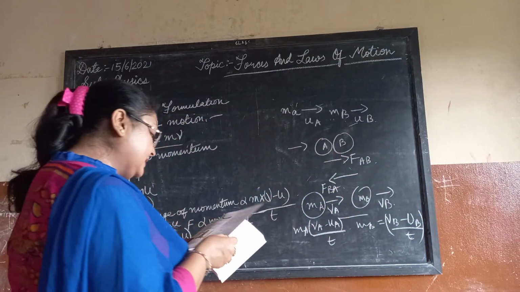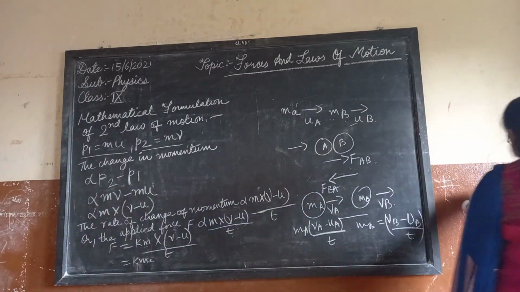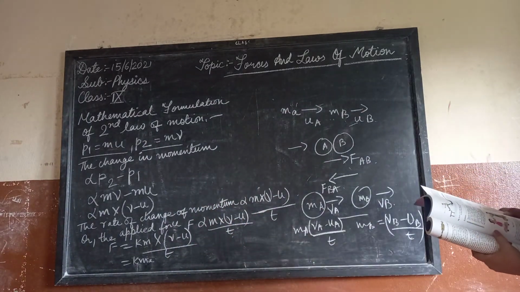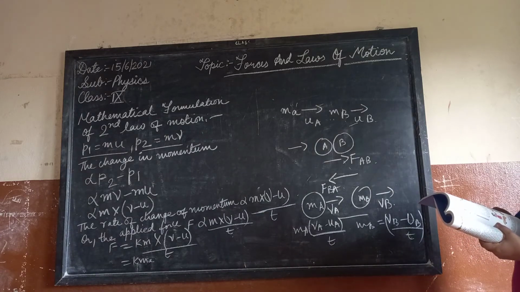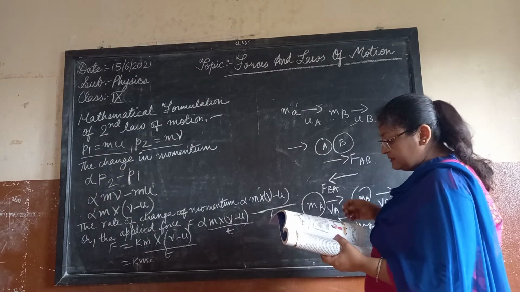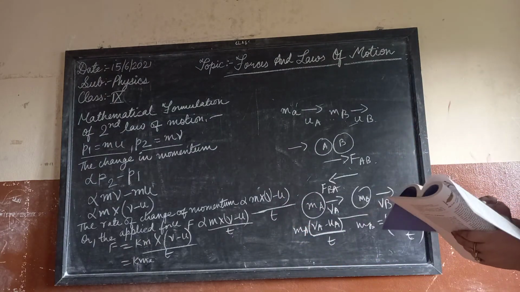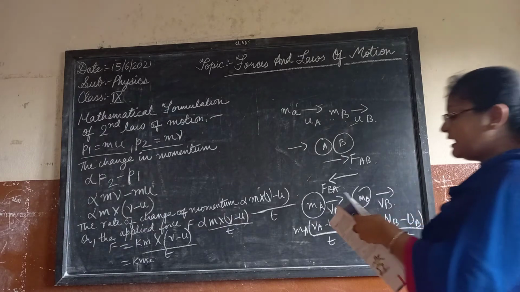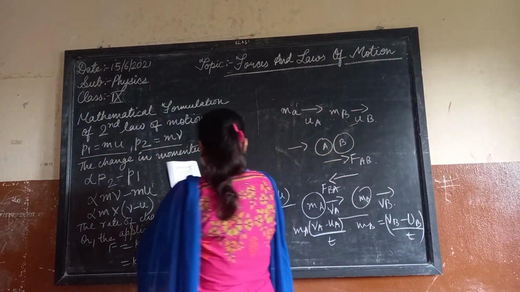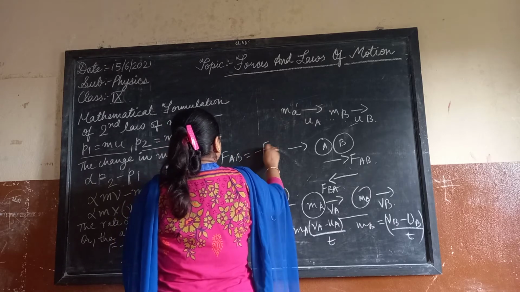During the collision, the rate of change of momentum will be given by F_AB, will be given by this expression, and F_BA will be given by this one. Now, what will happen to them? They collide, and thus F_AB is equal to minus F_BA.